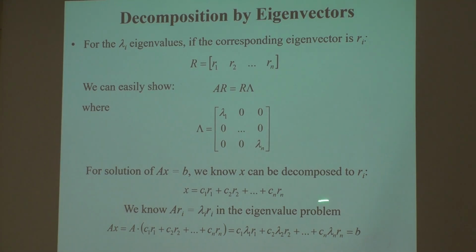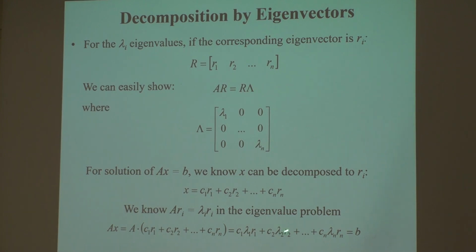In a solution to Ax equal to b, if x is the decomposition of your eigenvectors, you do very simple operations. You know how b can be decomposed into the eigenvectors. Then you can find all the c1, c2, and cn. I'm done, right?